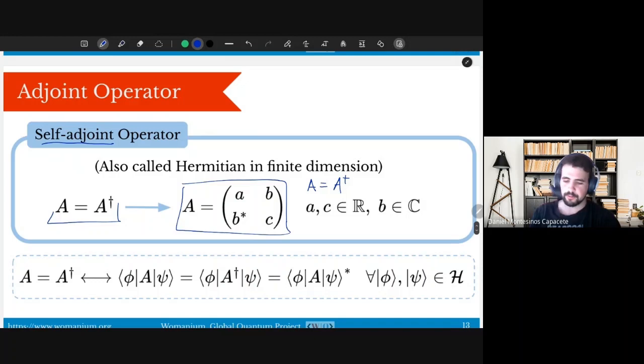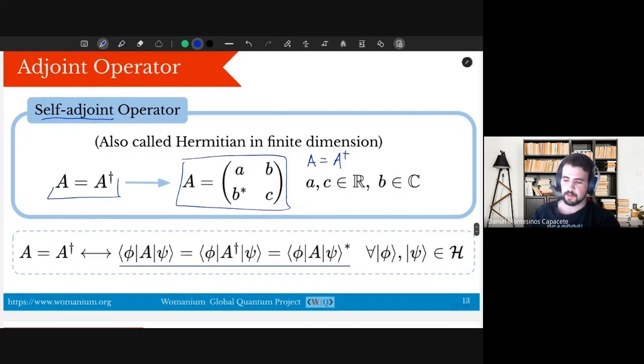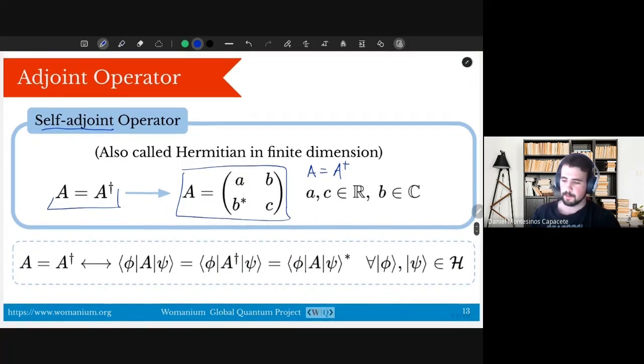Also here, another result is that if you have a self-adjoint operator, this identity holds, right? It's just a result. We are going to use this a little in the exercises, and I will try to explain this a little better.